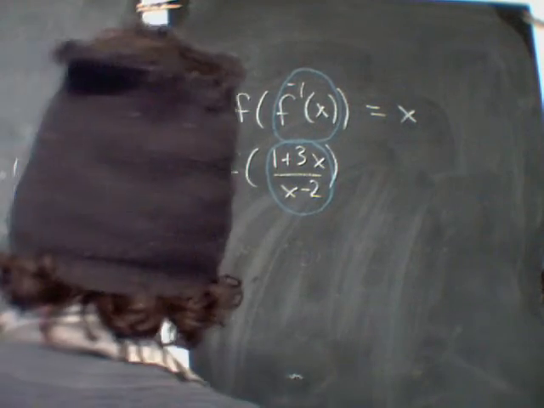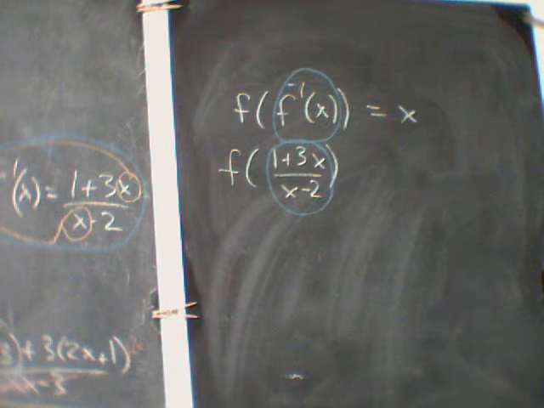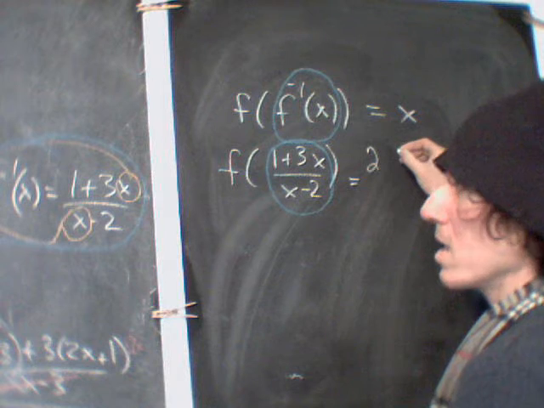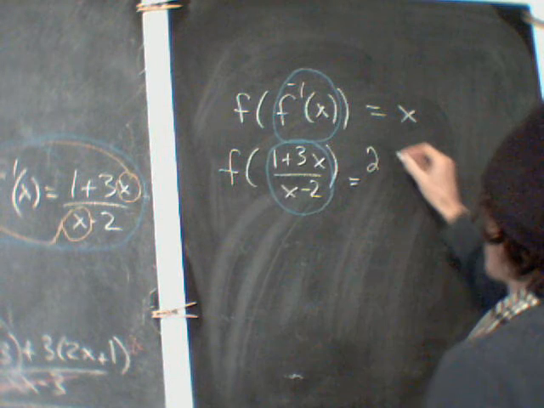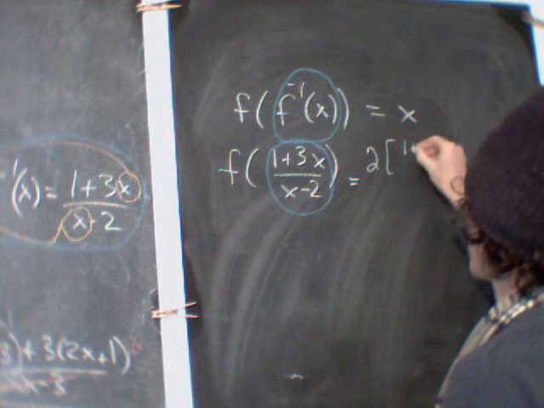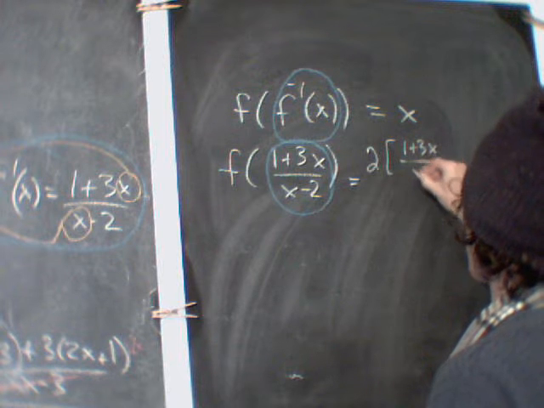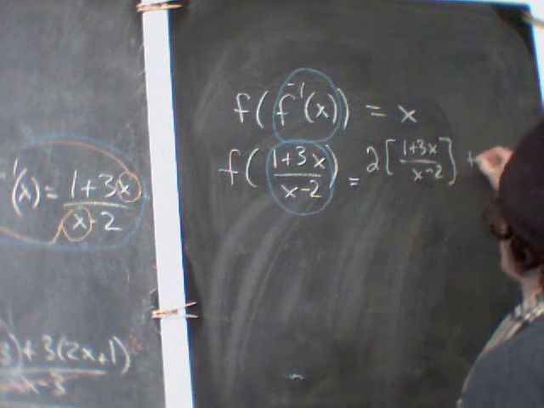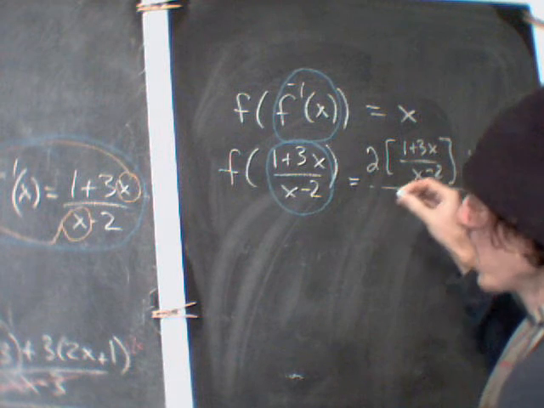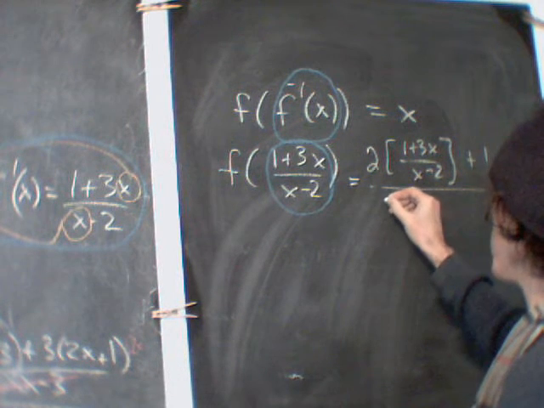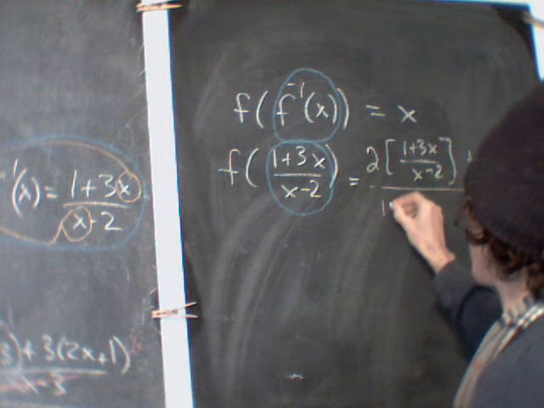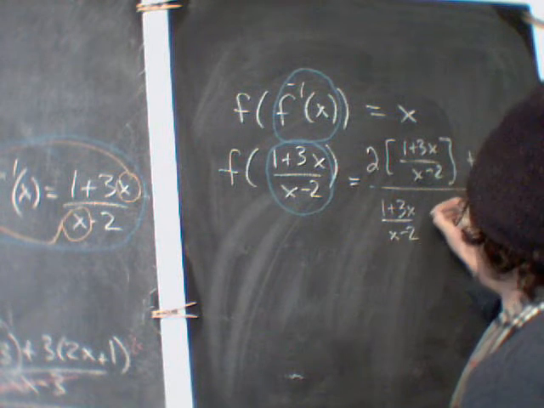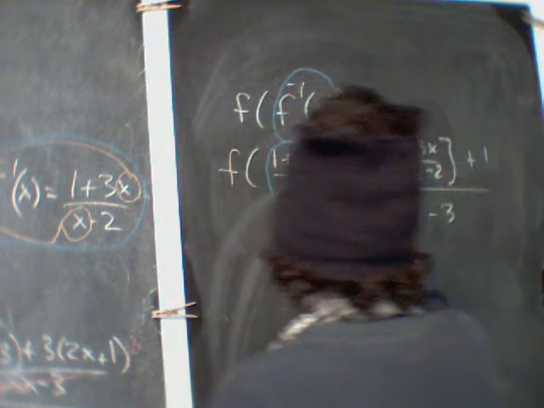So now it's equal to 2 times x, which is this whole blue thing, so (1 + 3x)/(x - 2), plus 1 over, and then x, which is this whole thing again, (1 + 3x)/(x - 2), minus 3. So it's this.